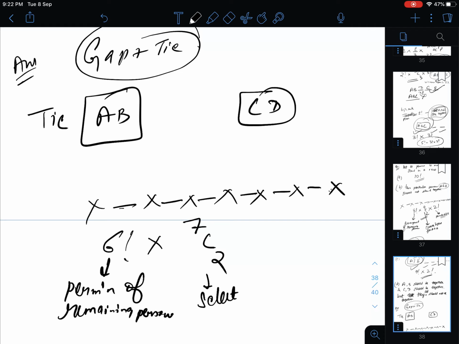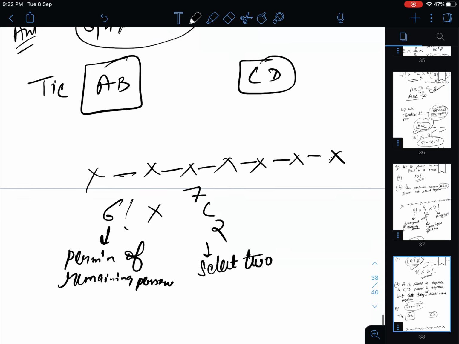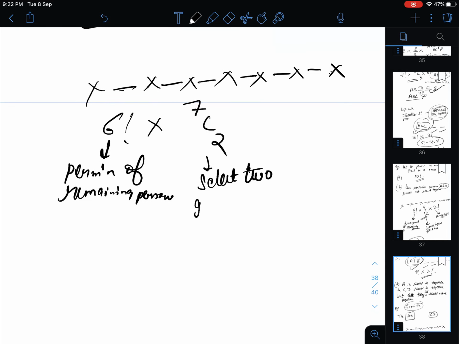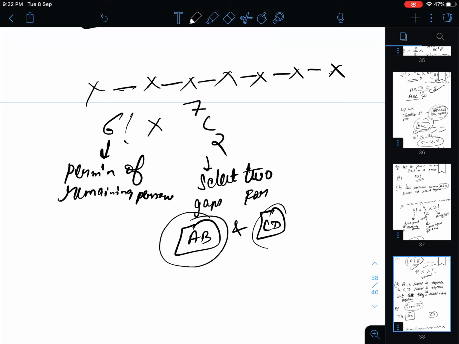Select 2 gaps for this box and this box. We will select 2 gaps and we will put the 2 boxes of AB and CD in those 2 gaps, into 2 factorial.